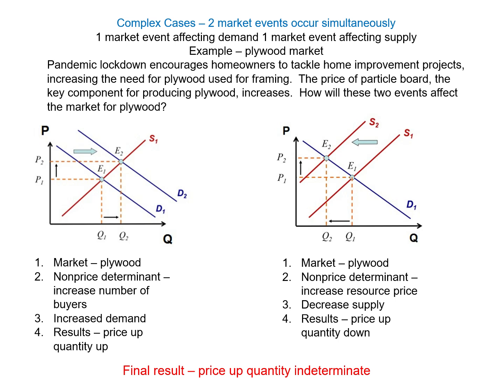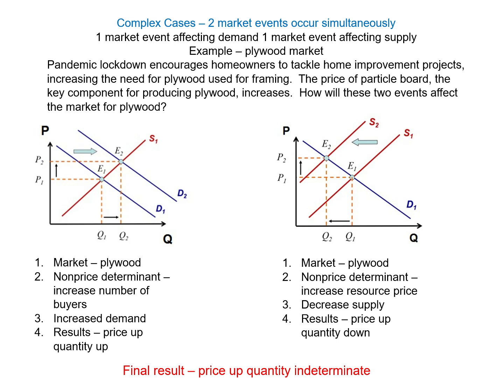At the same time, the price of particle board, the key component of producing plywood, increases. That sounds like an increase in the price of a resource. How will these two events affect the market for plywood? On the left-hand side, analyze the demand change.